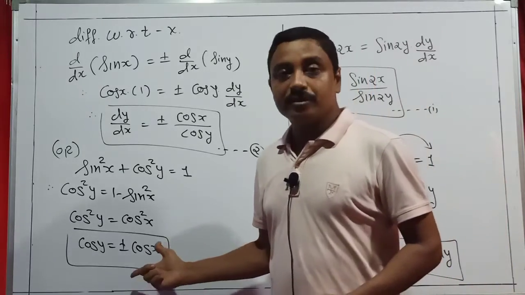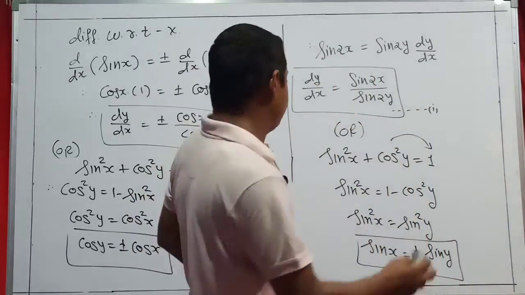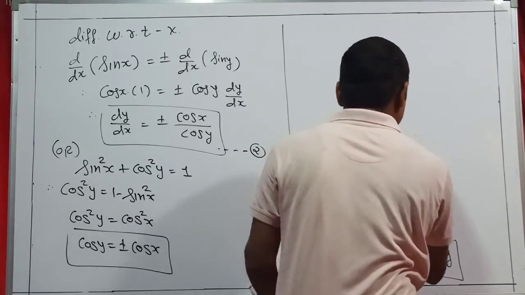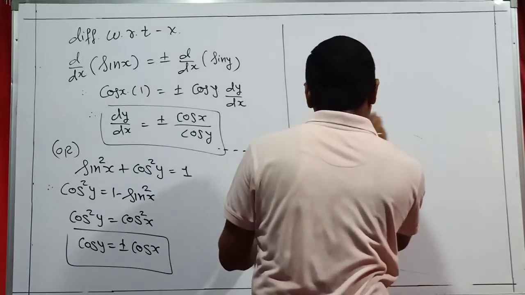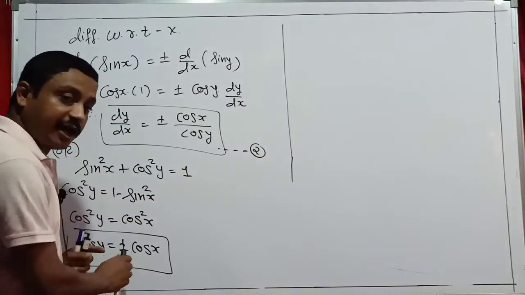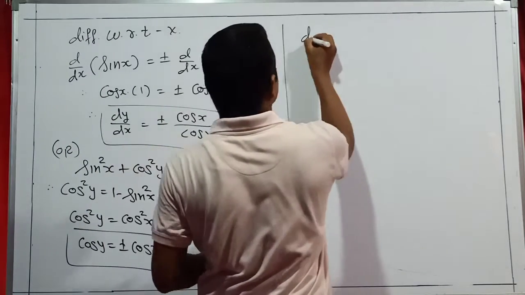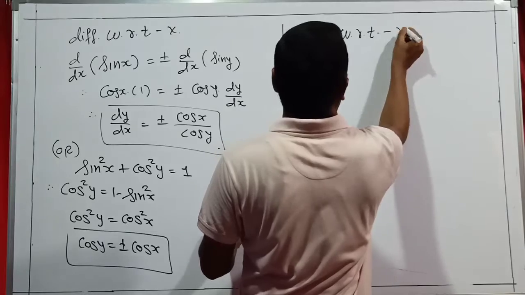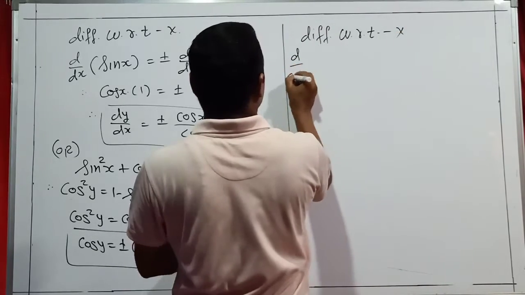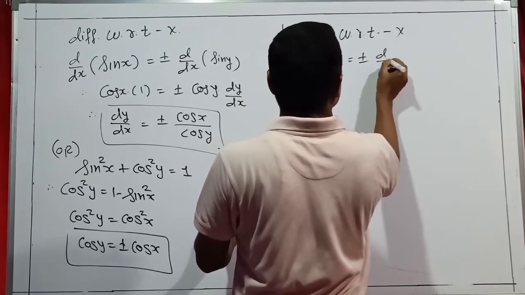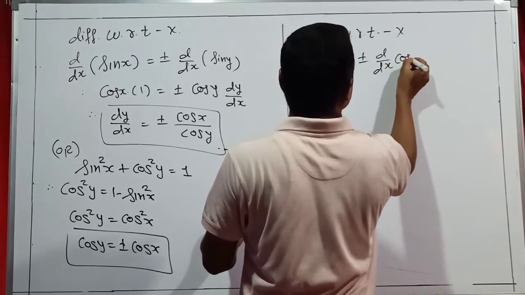Here also it is the same. Now I operate the derivative with respect to x. So a different answer comes in the third equation. Differentiation with respect to x: d/dx of cos y is equal to plus or minus d/dx of cos x.